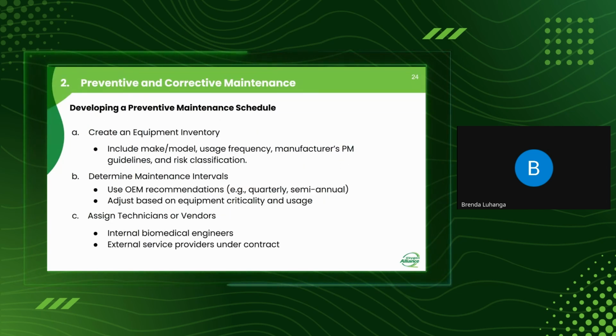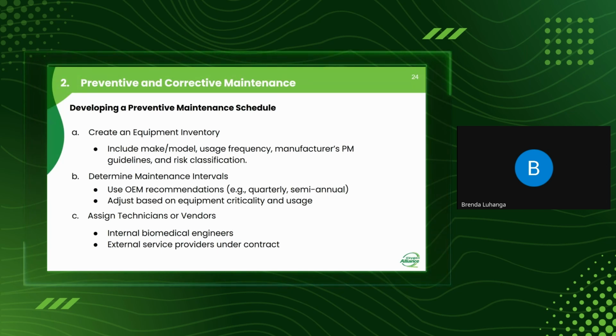Secondly, on the preventive and corrective maintenance, so developing a preventive maintenance schedule. Let's say in this case, we assume that you already have your equipment inventory. It will then be easier to come up with the maintenance schedule as you have already done the first part.